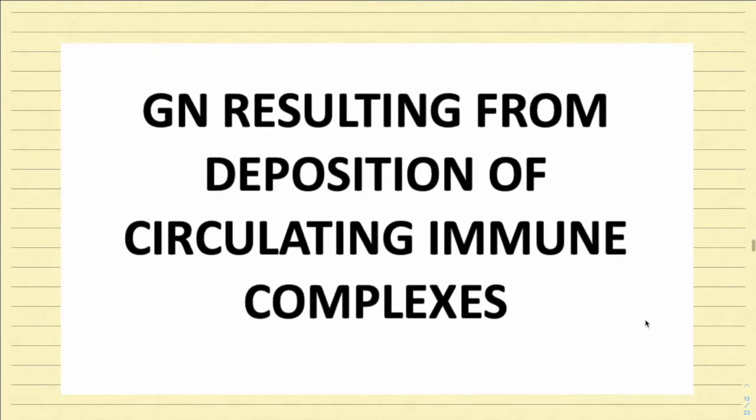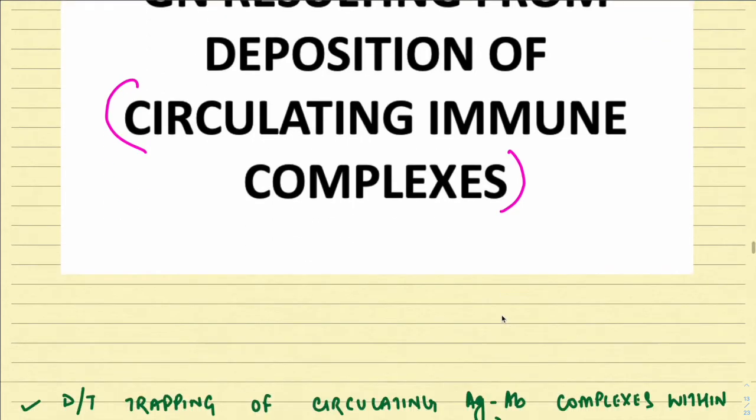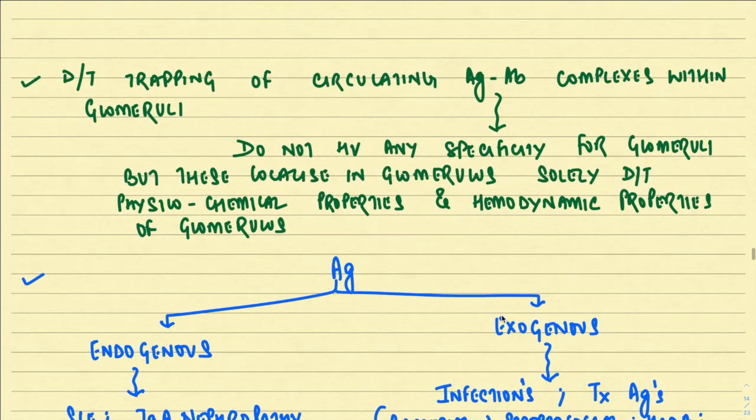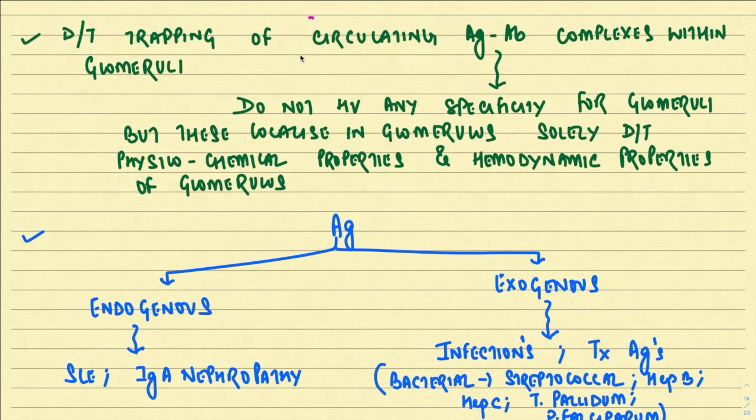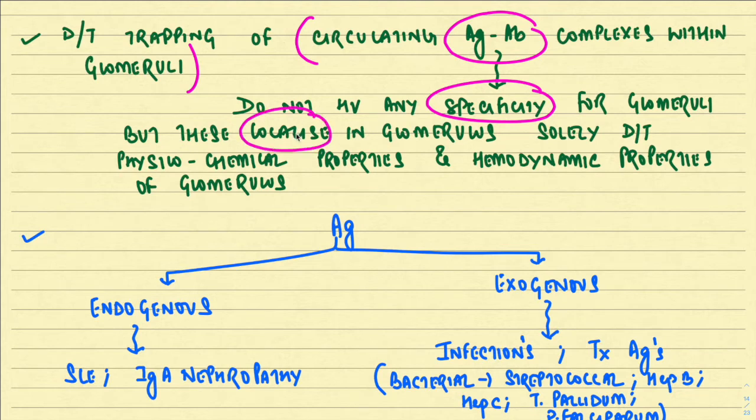Now, the third important variety is glomerulonephritis resulting from deposition of circulating immune complex, which is not that famous now. It is not the major mechanism. It occurs due to the trapping of circulating antigen-antibody complex which is depositing inside the glomerulus. Remember, they do not have any specificity for the glomerulus, but why are they localizing in the glomerulus?